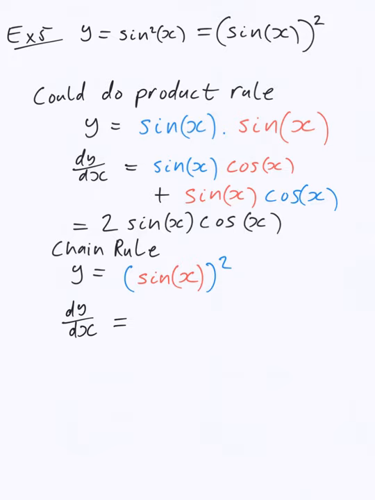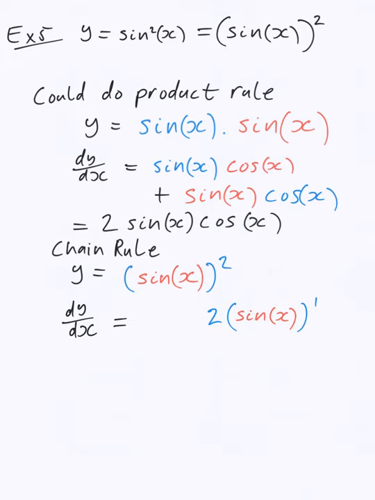To calculate dy dx, I differentiate the outer function in blue, which would be u of v, with respect to what's in the brackets, which would be v. So I multiply by the power, which is 2, and then reduce the power by 1. What's inside that bracket hasn't changed, so it will still be sine of x, which is our v in this case.